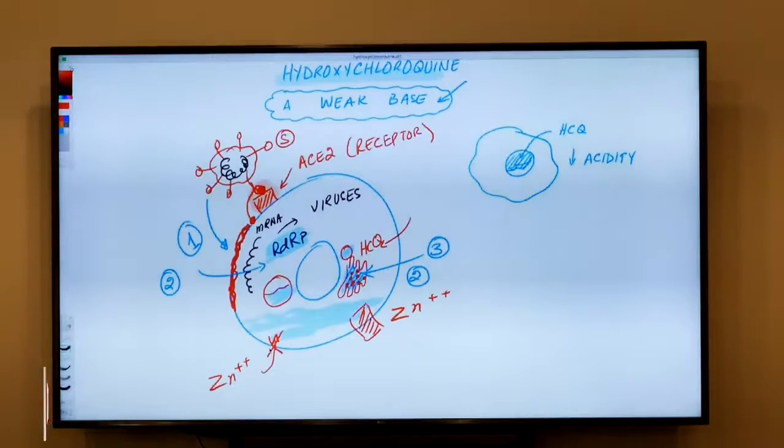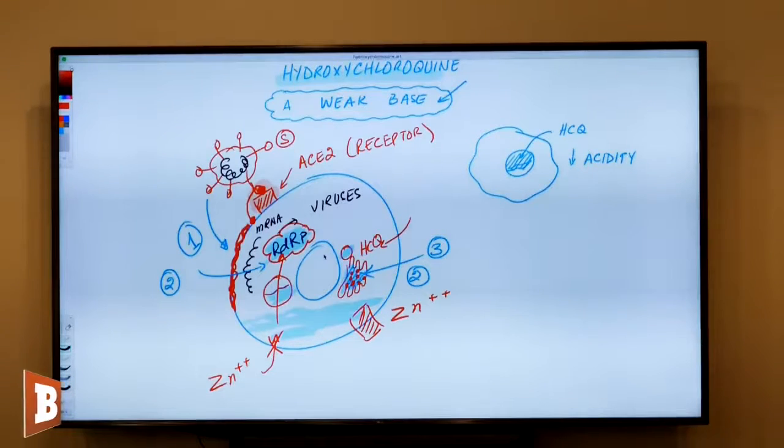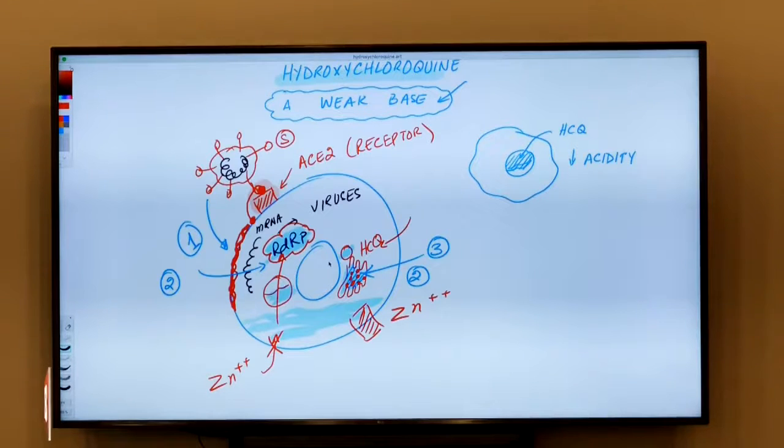So we need some sort of a channel through which the zinc can go in. And if the zinc enters the cell, then the zinc can attack the virus enzyme RDRP as well and stall its function, which is sort of an antiviral effect of zinc. But this effect would only occur if zinc can enter the cell.